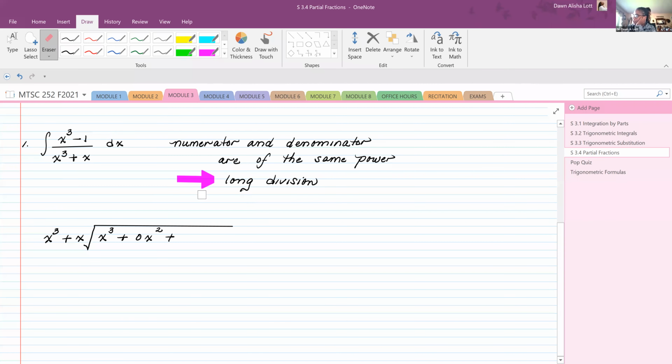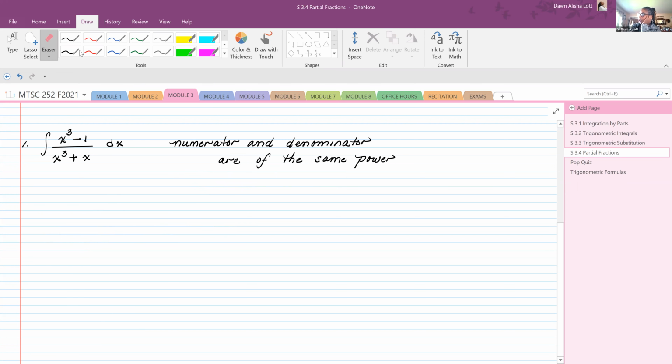Okay, we're not going to do this by long division. This one is a partial fraction one. I think I just gave you the answer because I wanted to show you how to do it. So x cubed minus 1 divided by x cubed plus x actually equals 1 minus 1 over x plus x minus 1 over x squared plus 1.